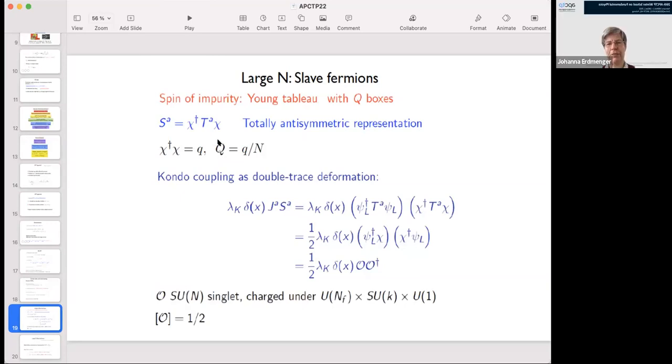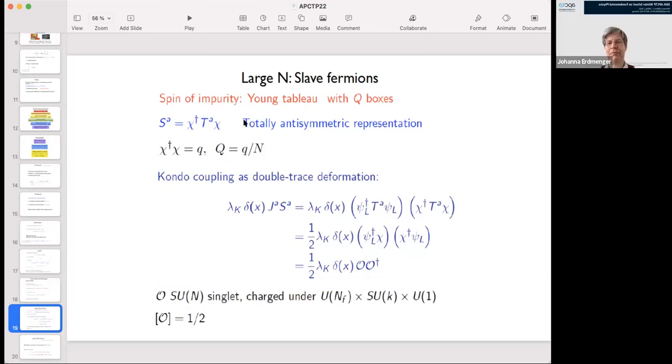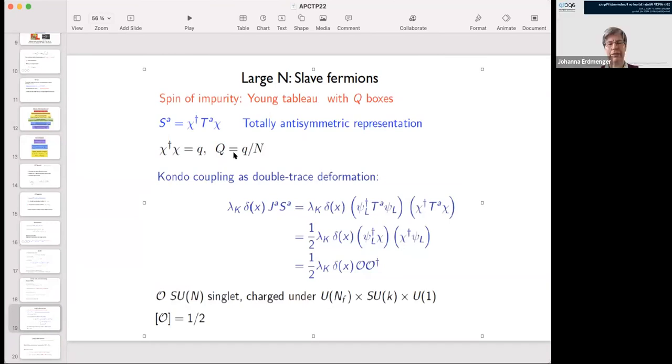Yeah, this is the number of boxes, yeah. Therefore, if N is large, then small q should be very large. Yes. But okay, maybe I was a little imprecise before. I mean, this capital Q doesn't necessarily have to be large. You can also take it to be a small number. So you can also take little q to be of order N. So probably what you mean is that this expectation value of chi dagger chi is a small q, which is very big. Yes. Okay. All right.